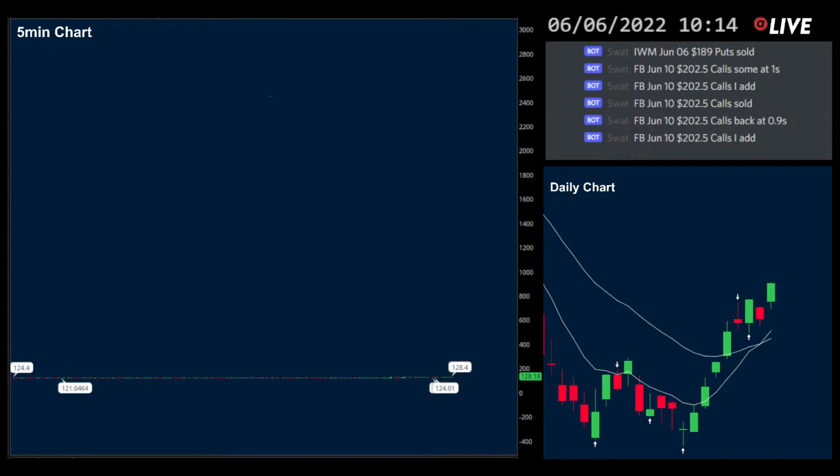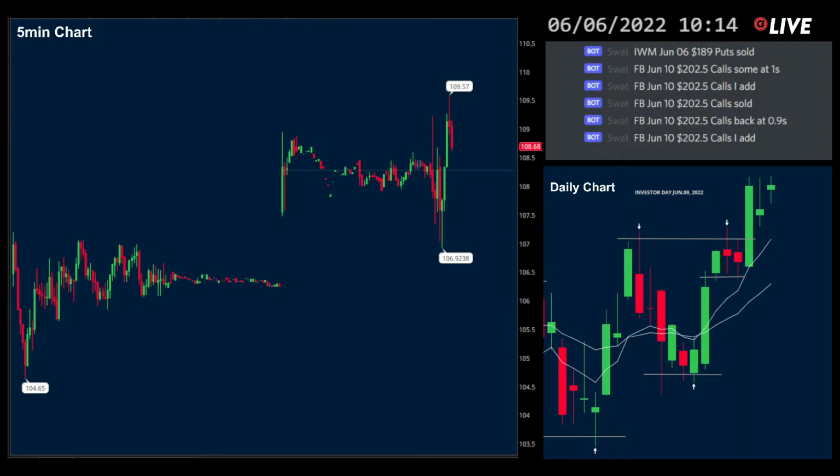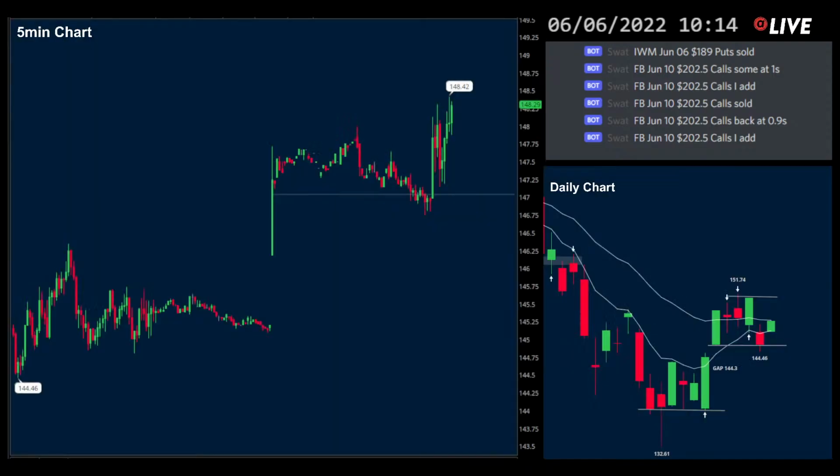Not chasing any move on Amazon. AMD really having some hard time at 109. But it's hard to short. Market breadth for now in the green.